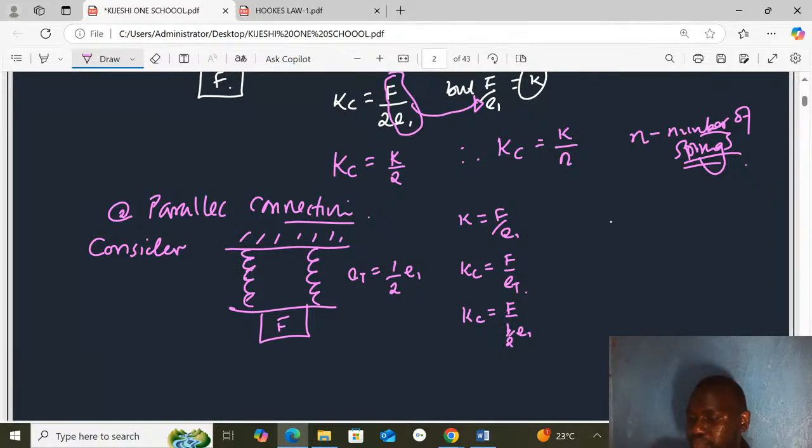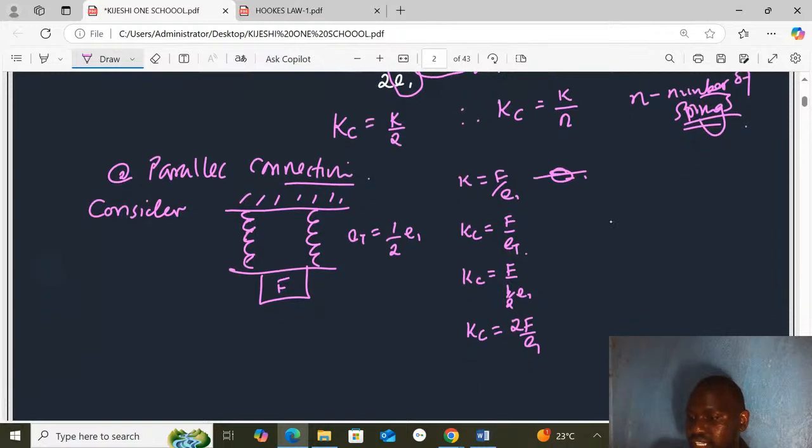If we proceed, we'll say that Kc is the same as 2F over E1. But if you remember that we are having this equation here, where it is representing K, we will finally land at Kc is the same as 2K.